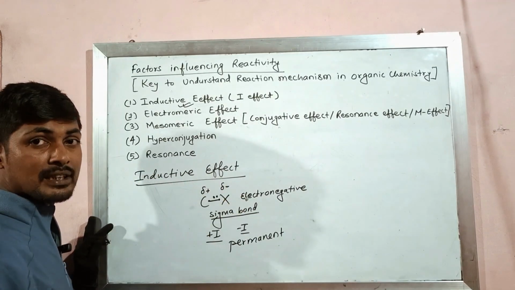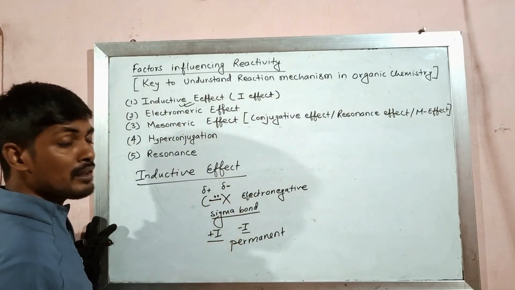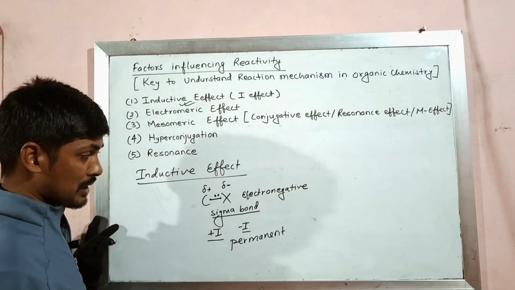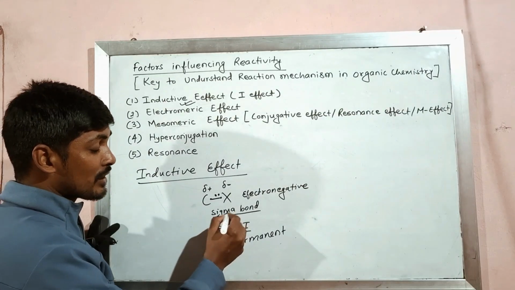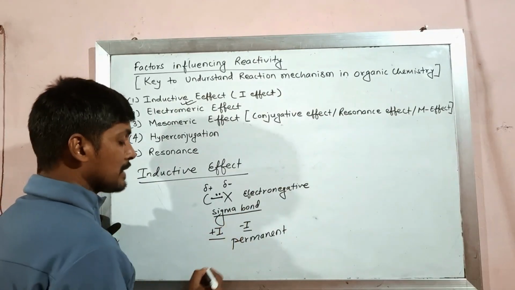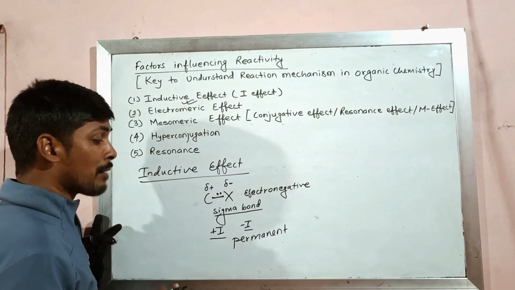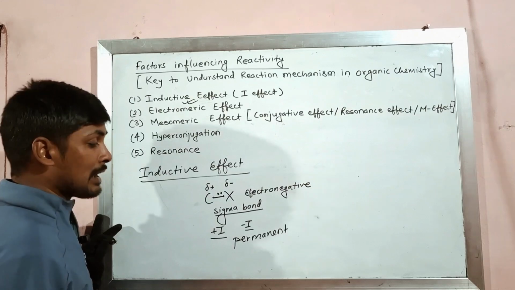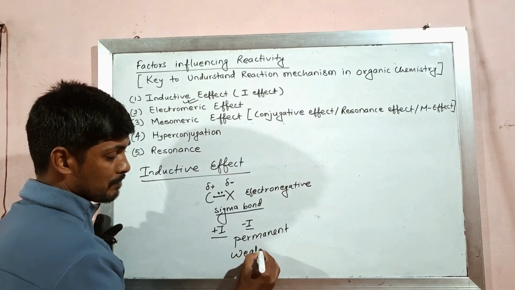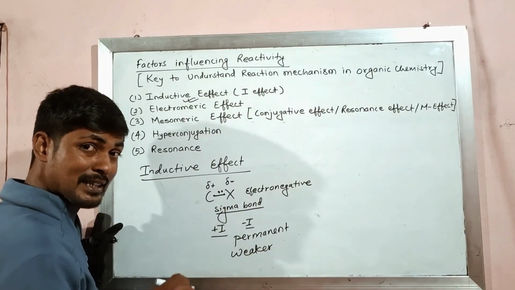This inductive effect may occur in saturated as well as unsaturated hydrocarbons, but only in sigma bonds, not in pi bonds. As it occurs in a sigma bond, and a sigma bond is stronger, the effect is weaker. If the bond is stronger, then the effect will be weaker.